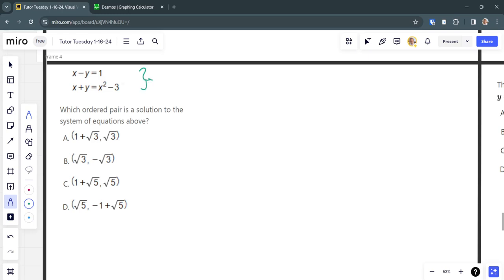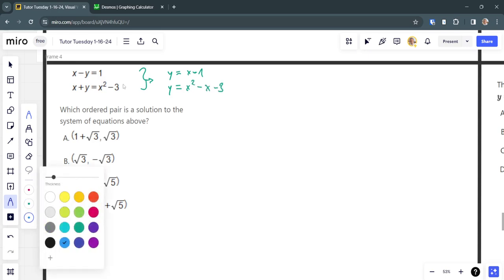One way that you can solve this is, for example, what I would do is set the top equation in terms of y, so y equals x minus 1, and the bottom equation will be y equals x squared minus x minus 3, if we just isolate the y's.